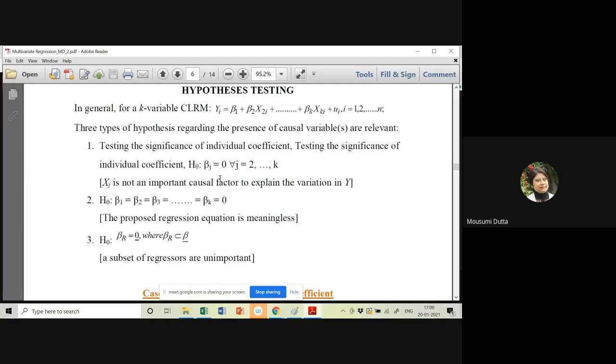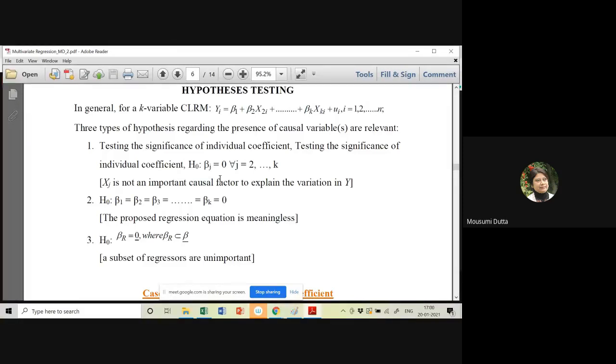If the hypothesis is accepted, in that case there is no relation. If the hypothesis is rejected, in that case there is a relation between y and this particular xj. So this is the first variety.